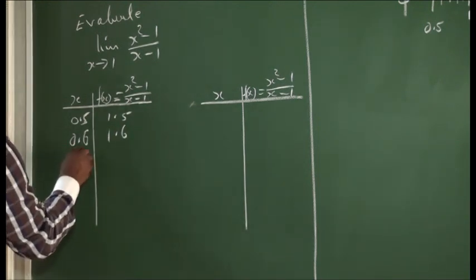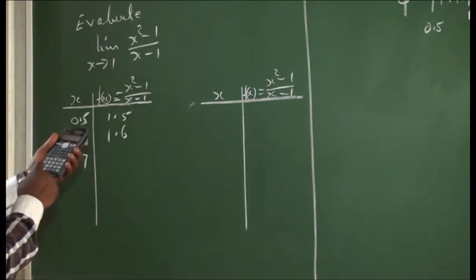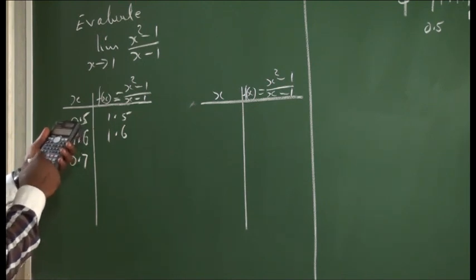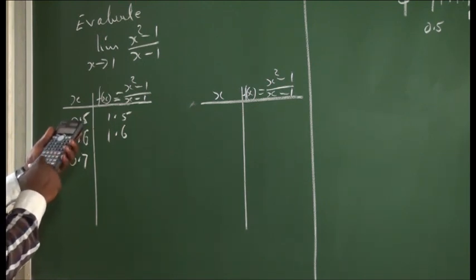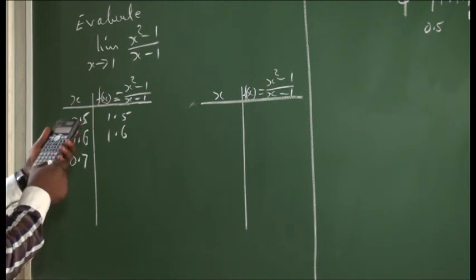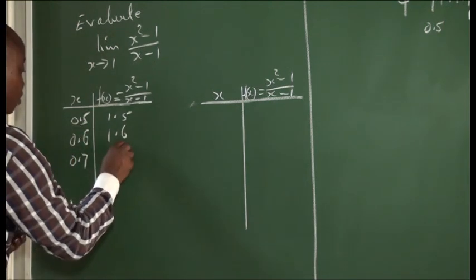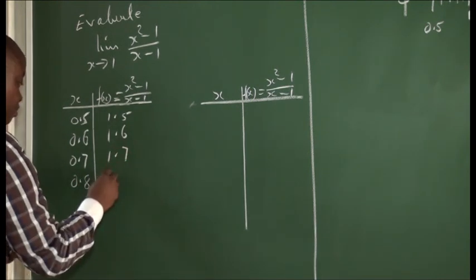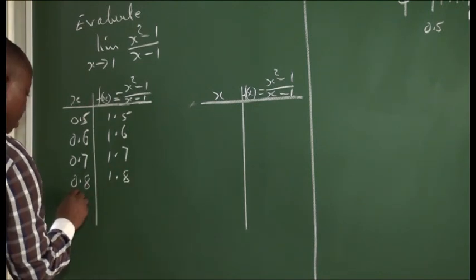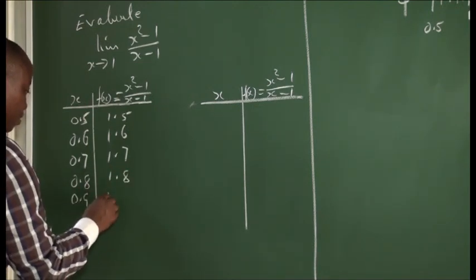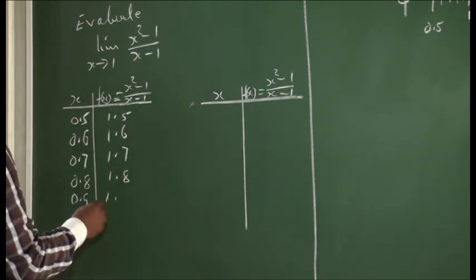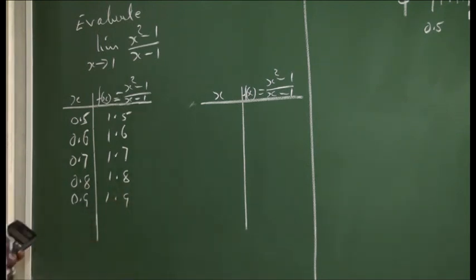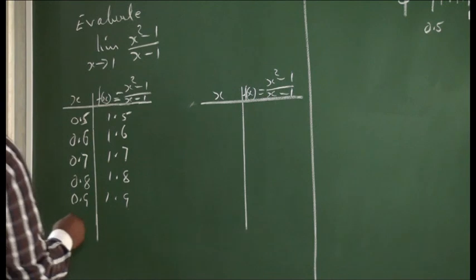When x is 0.7, we have 0.7 squared minus 1 divided by minus 0.3. That gives us 1.7. When x is 0.8, from this approach we know that is 1.8. Then 0.9 gives us 1.9.